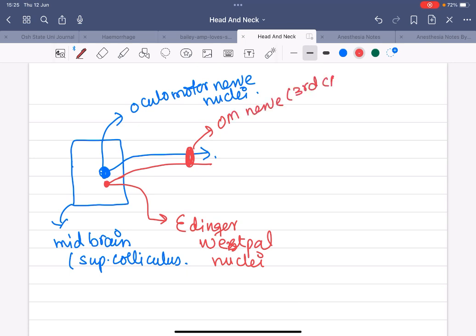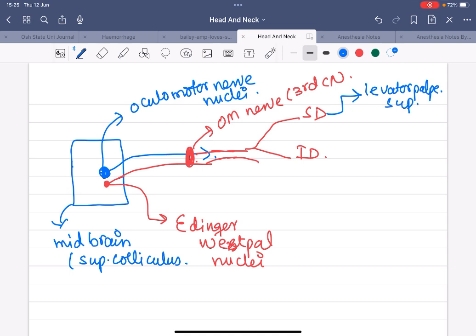Now when it enters here, see here, it gives two divisions, superior division and inferior division. The superior division gives innervation to the levator palpebrae superioris muscle and the superior rectus muscle.